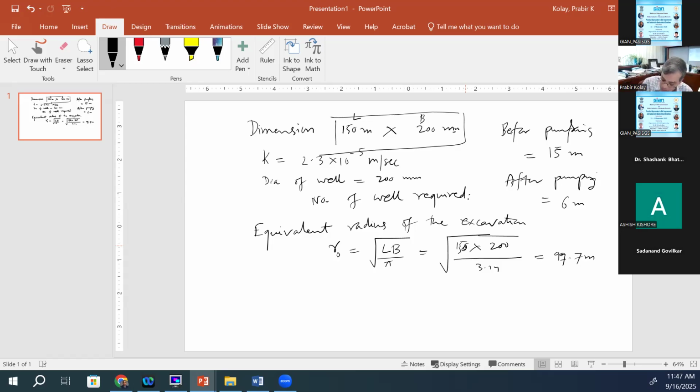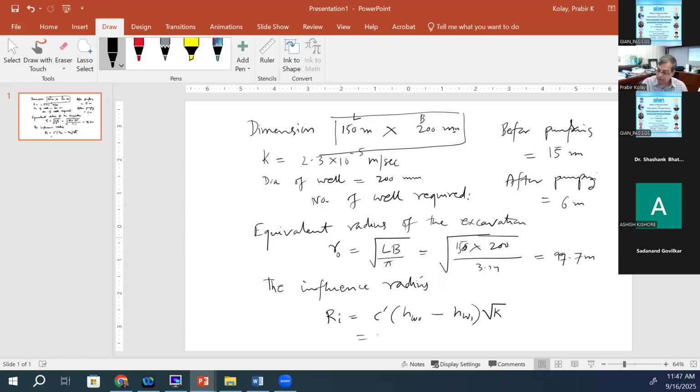Ri is given by this equation: C prime times (HW0 minus HW1) times the square root of K. The C is a standard value you need to take.